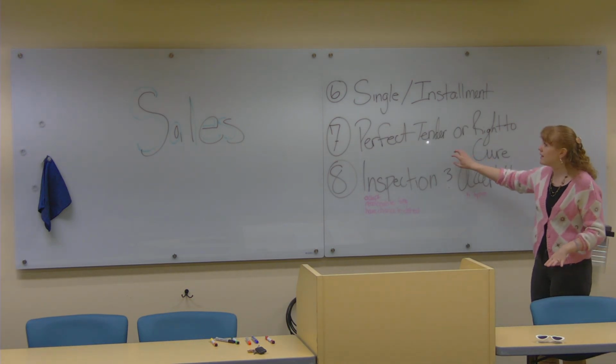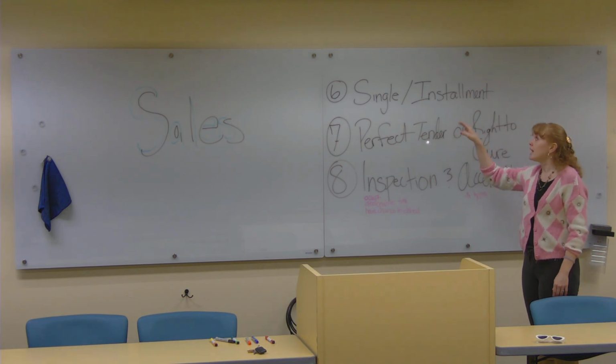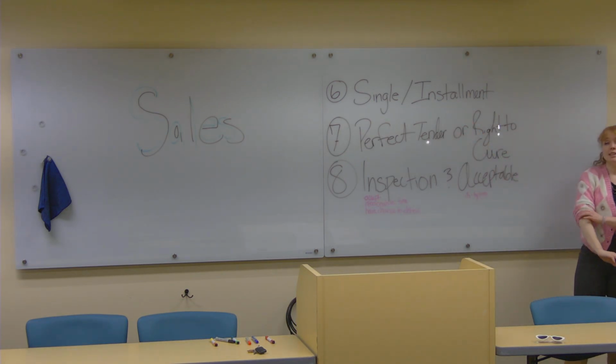So that's why these rules are very important. And it's important to understand the difference between a single contract and an installment contract, because then you know automatically which rule will apply and which rules can apply.